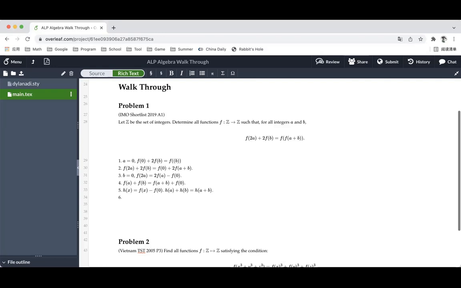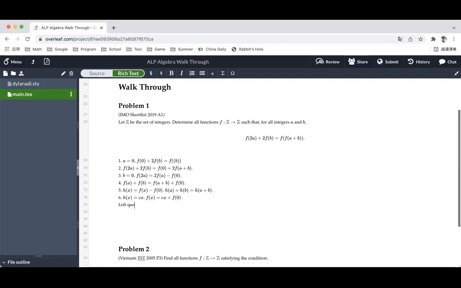So from this, we know that h(x) is actually linear, and can be written as h(x) = cx, where c is a constant. Moreover, f(x) just equals cx + f(0).